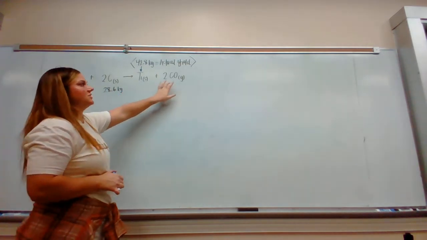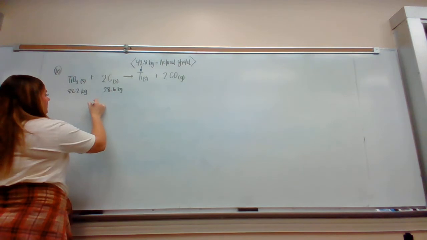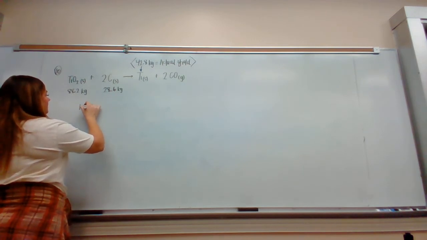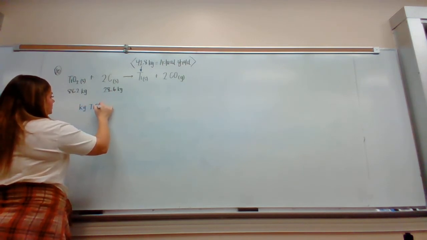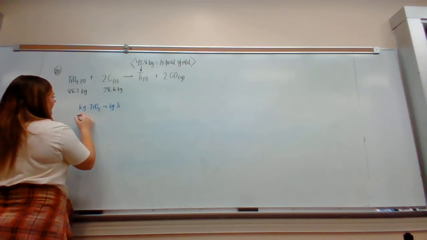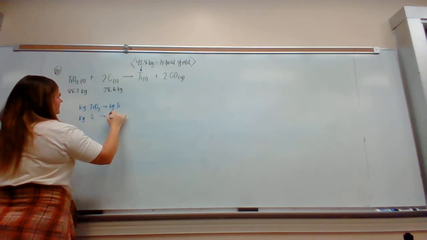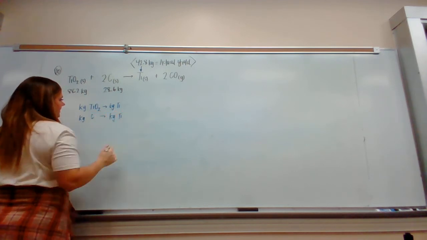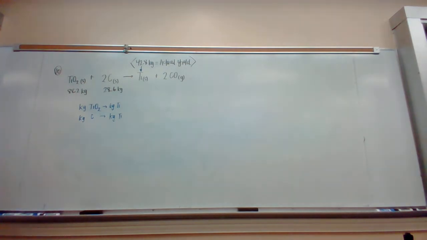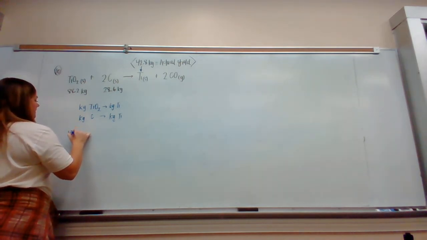I don't care about CO. Okay, so we're going to go kilograms of TiO2 to kilograms of Ti, and then kilograms of C to kilograms of Ti. So I'll write, I won't talk. I'll let y'all try to set this up as I do it as well.